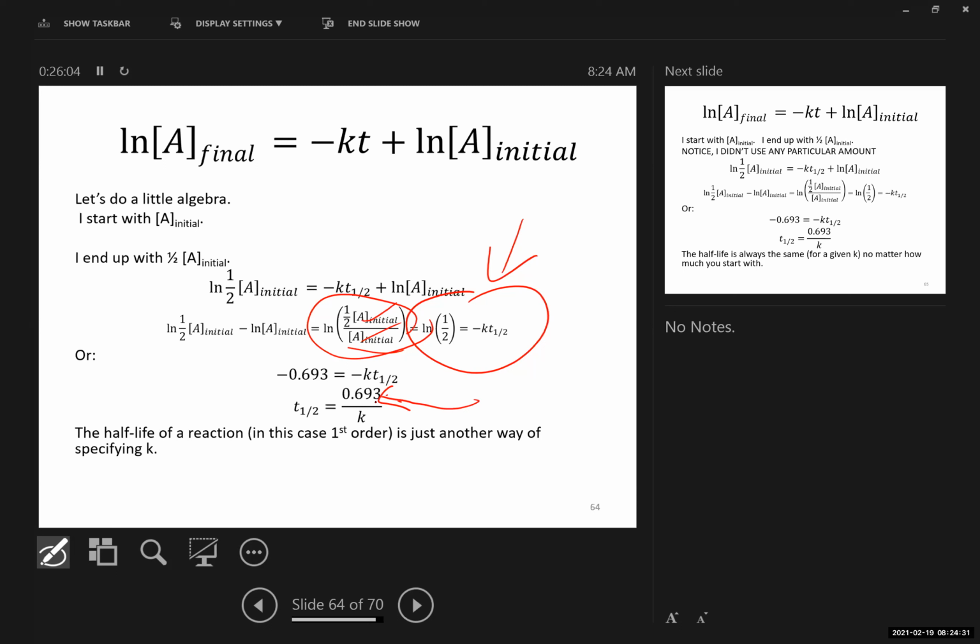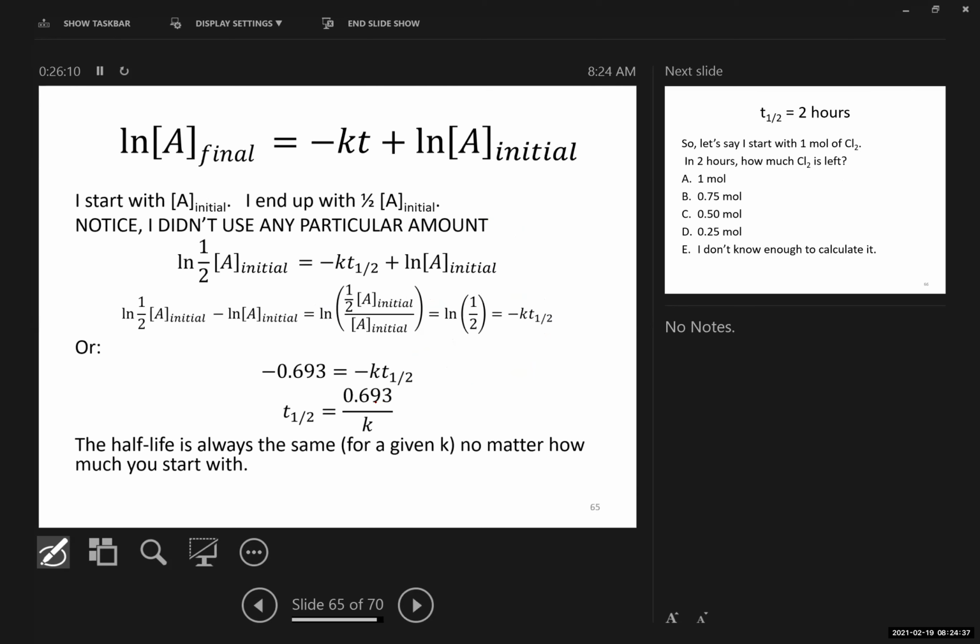In the context of a first order rate law, that's kind of interesting, in the sense that no matter what you start with, it always takes the same amount of time to get to half. That also includes while the reaction is happening.